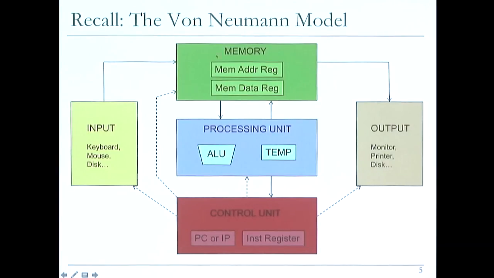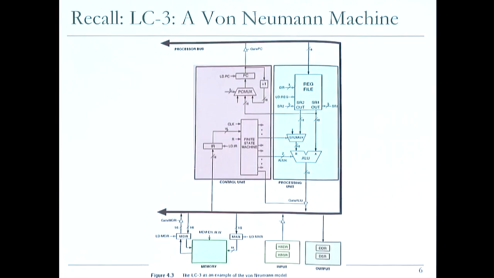You can see here input and output components, the memory where we store programs and data, the processing unit where the instructions are executed, the operate instructions are executed on the ALU, and finally the control unit, which is where we have the finite state machine that controls the performance of all the machine. And for sure you also remember this slide which is the LC3 computer, again with the control unit, processing unit, memory, inputs and outputs.